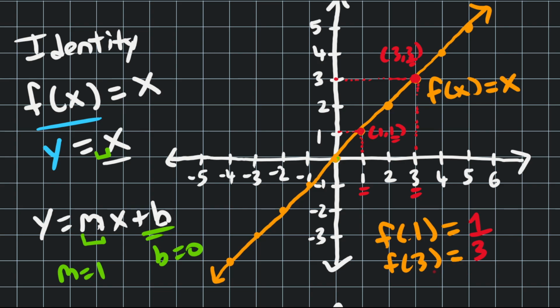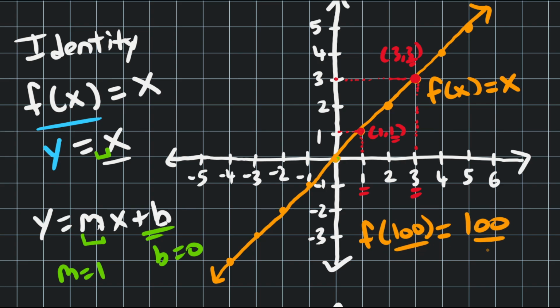And you might notice a pattern. F of x equals x is the identity function. That means f of any number is that number, so your output is the same as your input. That also means we can guess f of 100 to be just 100.